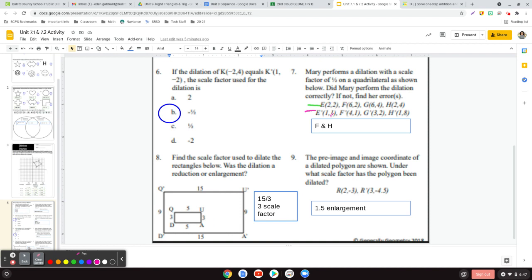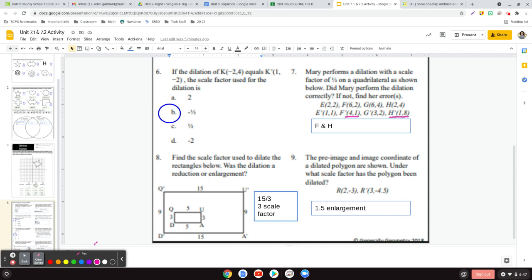Well, half of 2 is 1. Half of 6 is 3. Oh, half of 2 is 1, so this one is incorrect. Is half of 6 3? Correct. Half of 4 is 2. On H, half of 2 is 1, and half of 4 is not 8. So that one's incorrect too. So points F and H she did incorrectly.